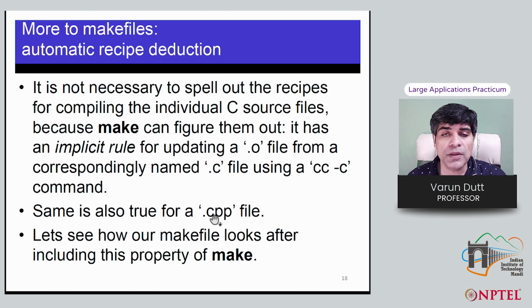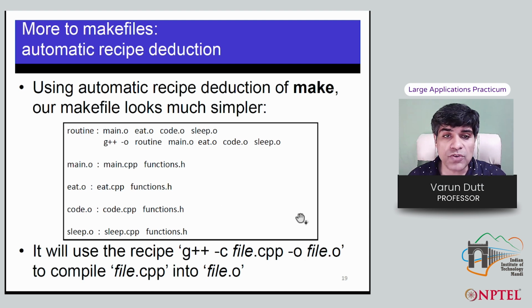So basically, when we have to go from a CPP file to a .o file, make already knows how to go about it, and therefore you don't need to write the recipes for those rules where the prerequisite was the target. A more efficient makefile with automatic recipe deduction could look like this.